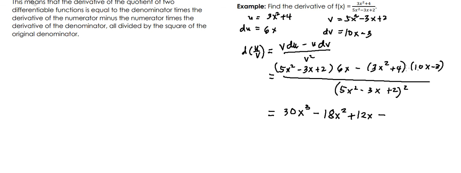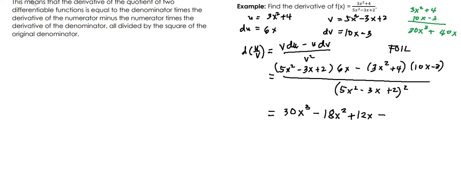Minus, in this case, meron tayong dalawang binomial. So, pwede nyo gamitin yung FOIL method. Gagamitin ko naman yung traditional way of multiplication. So, for instance, meron tayong 3x squared plus 4 times 10x minus 3. So, 10x times 3x squared, that would become 30x cubed plus 10x times 4, that is 40x.